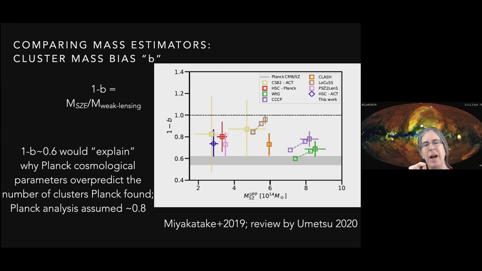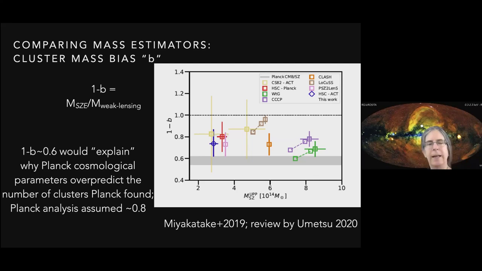That the self-similar mass would have to be 60% of the weak lensing mass, a pretty severe bias, in order to bring the cosmological parameter-based prediction of the number density of clusters into agreement with the number density of clusters and masses that were estimated for the Planck survey.